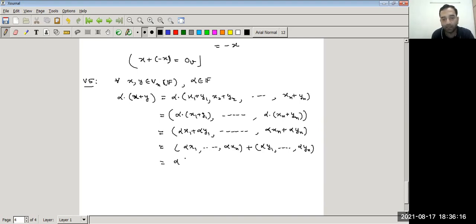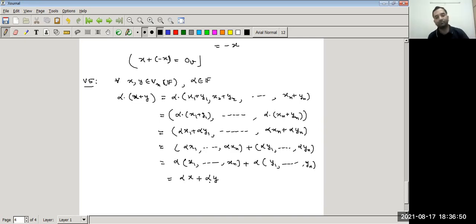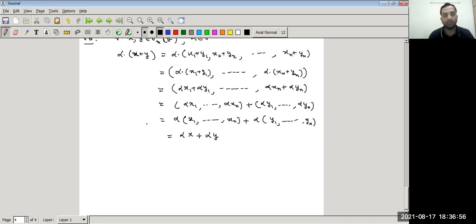How did we define it? alpha (x1, x2, xn). And here also we can take alpha common, alpha (y1, y2, yn). So this is nothing but alpha dot x plus alpha dot y. In this way we are able to prove that alpha dot (x plus y) is alpha dot x plus alpha dot y.